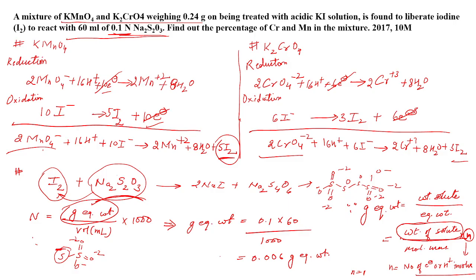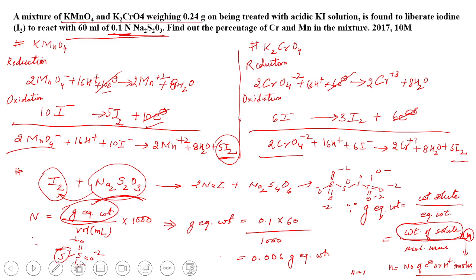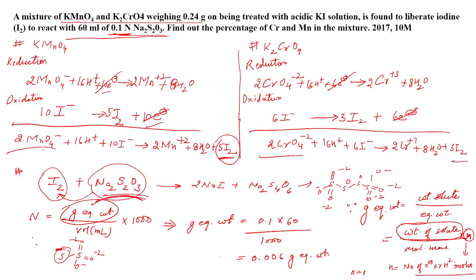How are we going to calculate it? The weight of solute is equal to, because we already have the gram equivalent weight, gram equivalent weight multiplied by molar mass divided by n, the molar mass of this Na2S2O3.